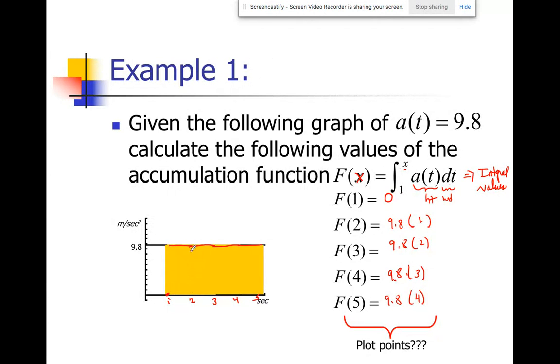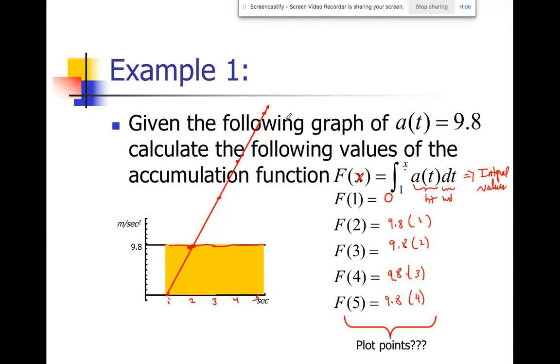Capital F of 2 is 9.8. Capital F of 3 is not 9.8. It's one 9.8 and another 9.8. Capital F of 4 is 3 9.8s, right? Capital F of 5 is 4 9.8s.